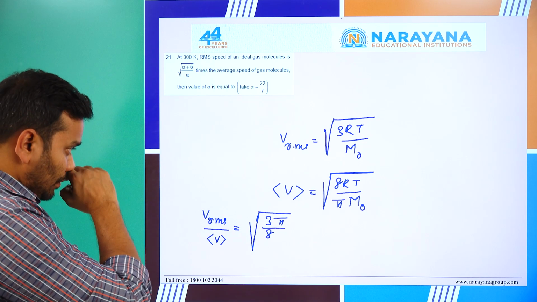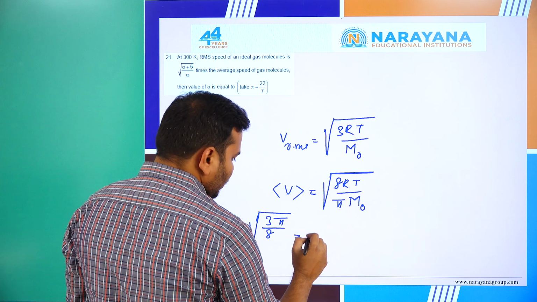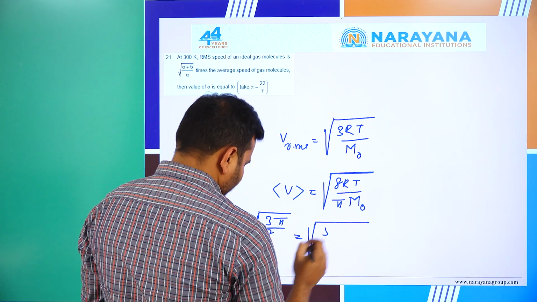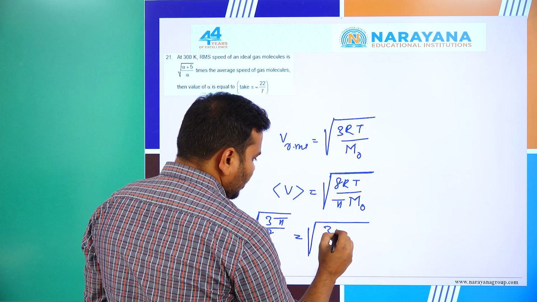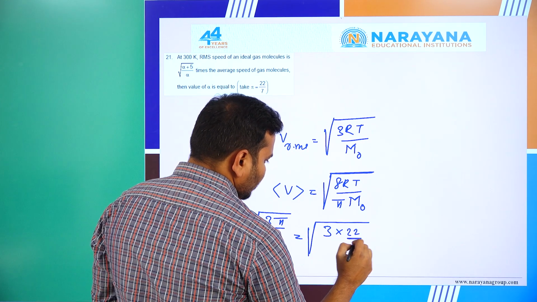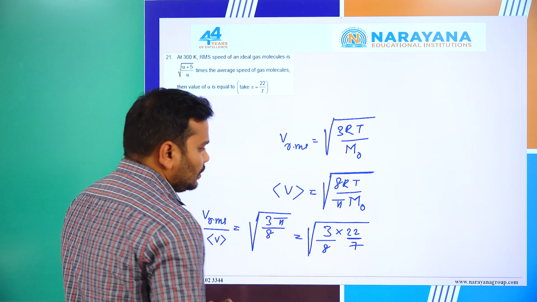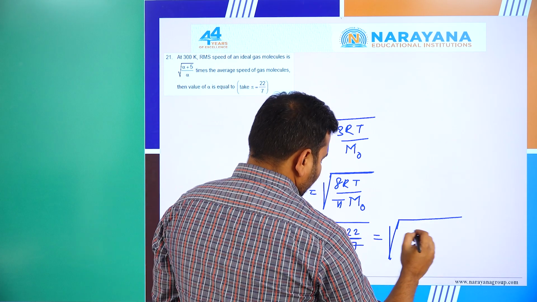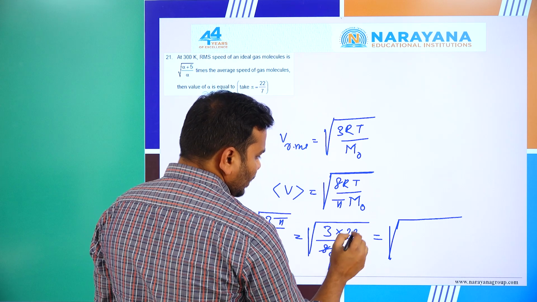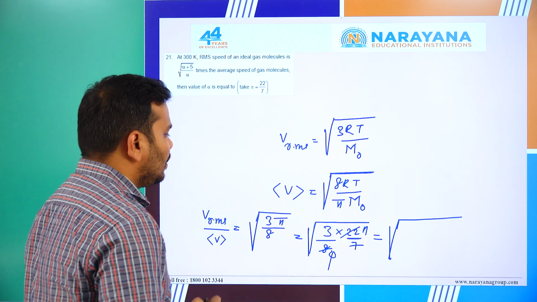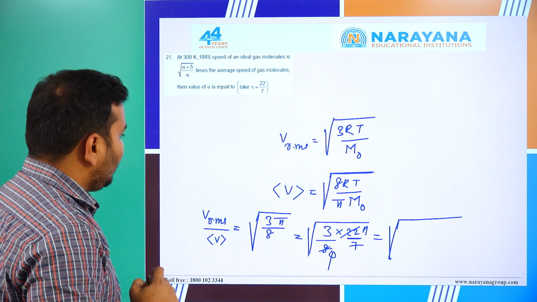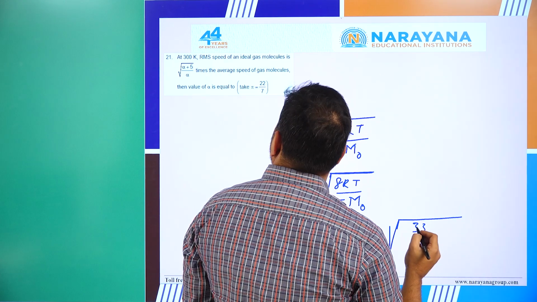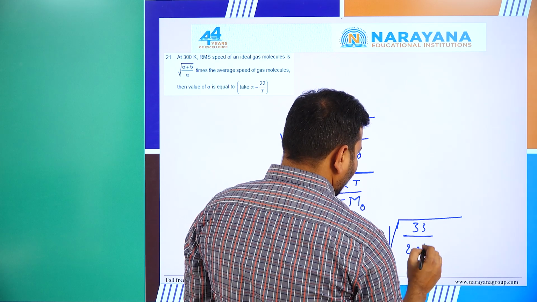So this is equal to under root, let us simplify: 3 into 22 by 7 divided by 8. So this is under root, 2 4s are 8, 2 11s are 22, and this will become 33. So 33 divided by 28 you are getting.